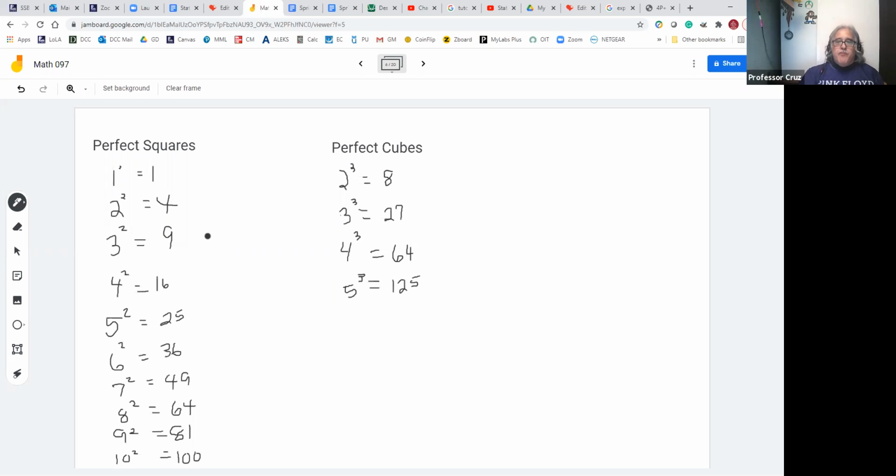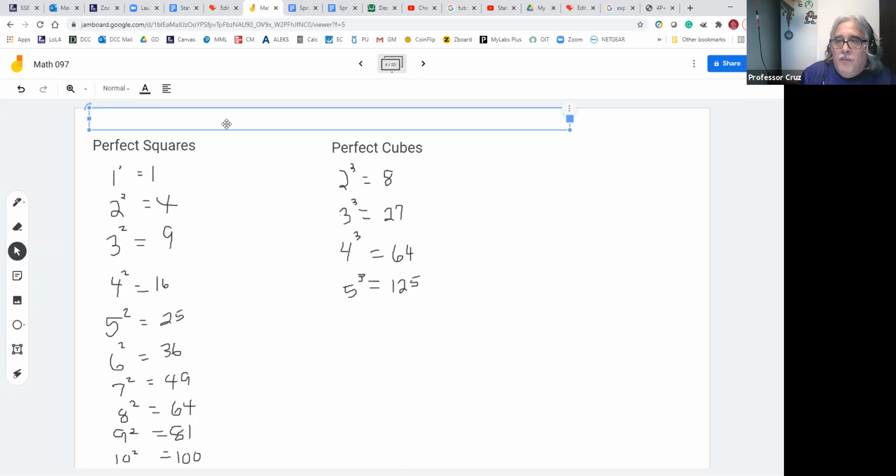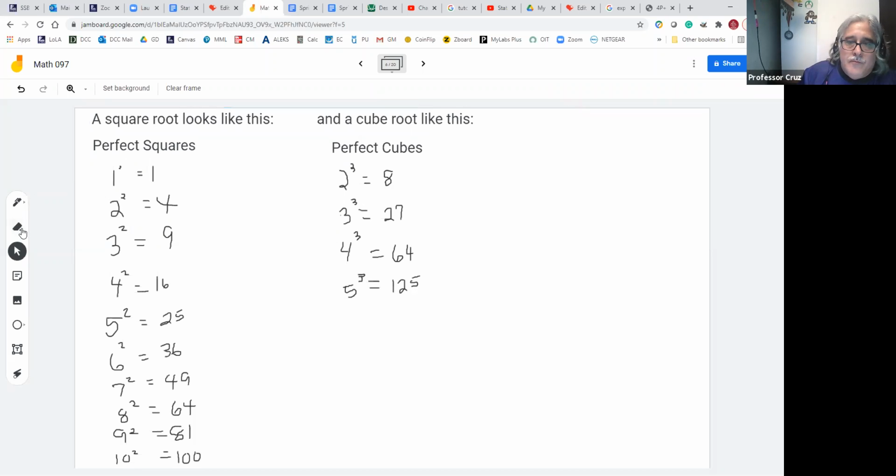So what we need to keep in mind is that if we run across these numbers when we're dealing with what's called a radical, let me show you. All right, so it's a little hook thing there.